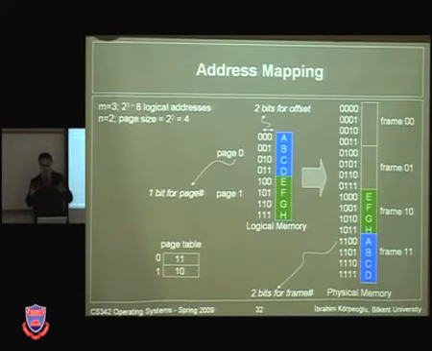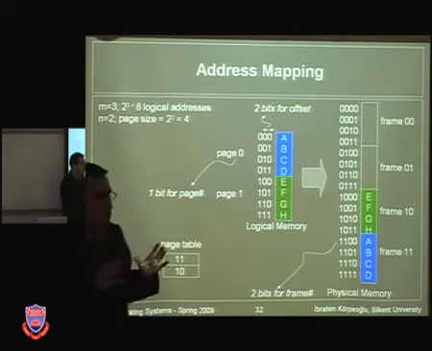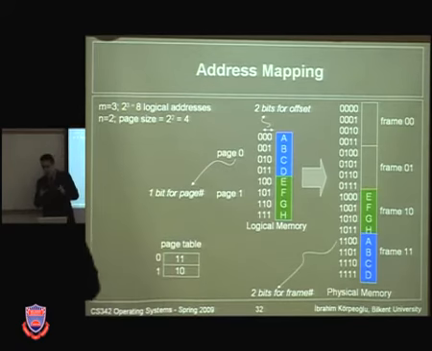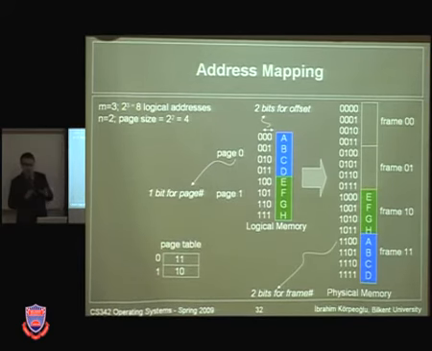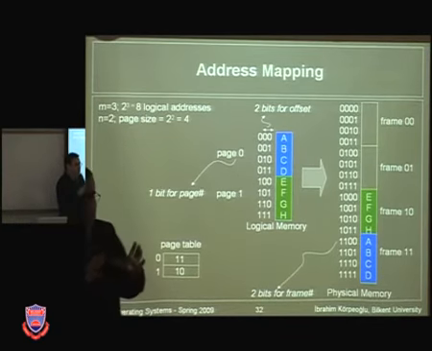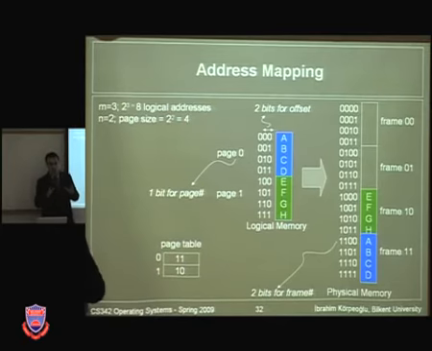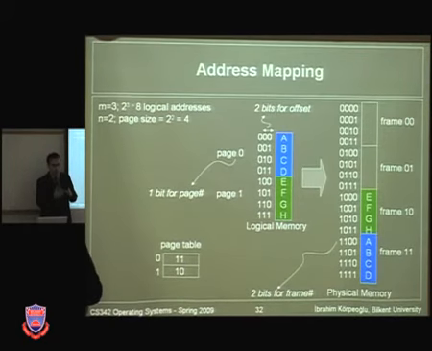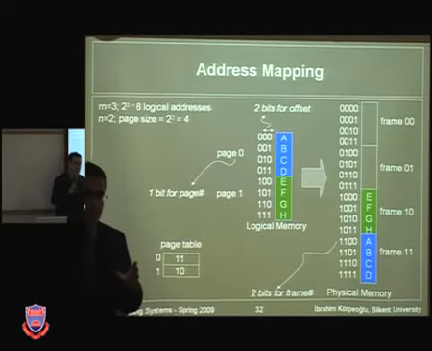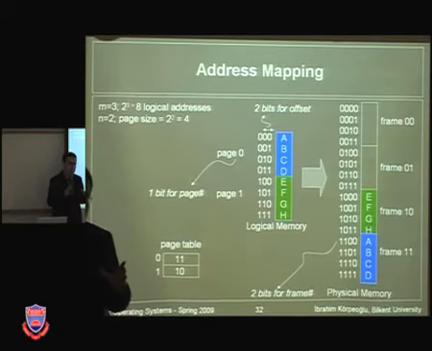So paging is a very flexible memory allocation scheme where the physical memory allocated to a process does not have to be contiguous. We achieve that by considering the physical memory divided into fixed size blocks called page frames, and similarly, the logical address space is considered to be divided into fixed size blocks called pages, all right?